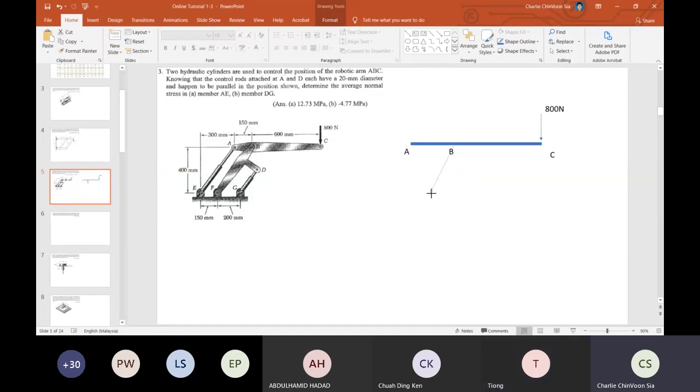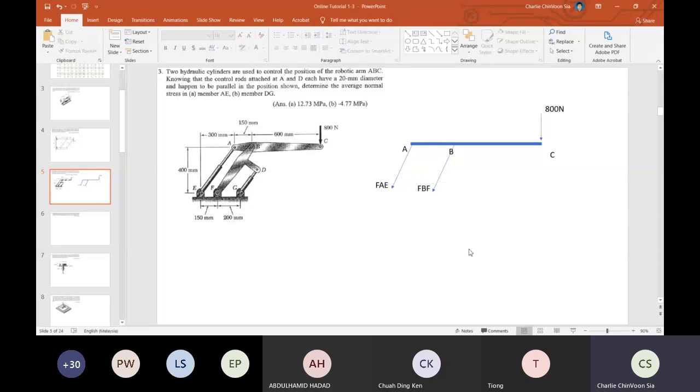You can assume the direction of the force FAE and BF, up to you. So FAE, and this one will be BF.